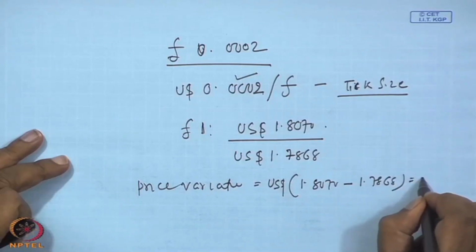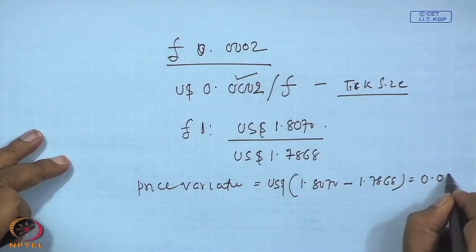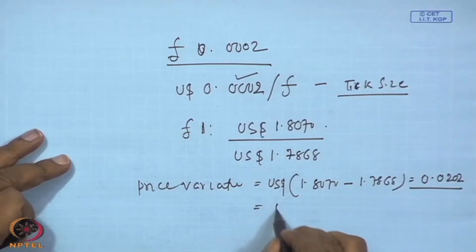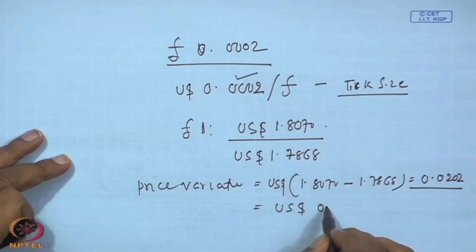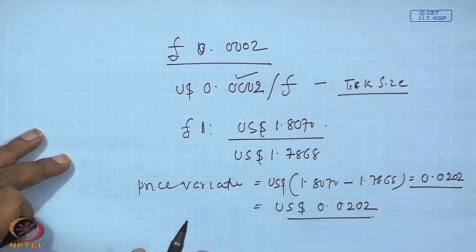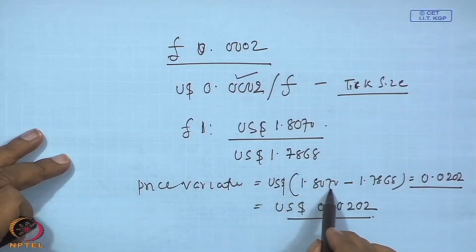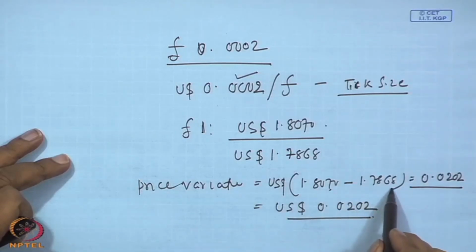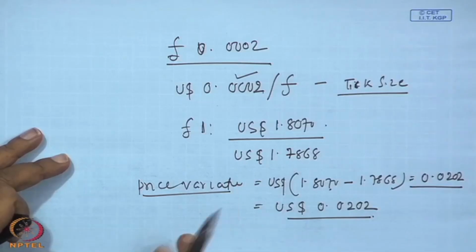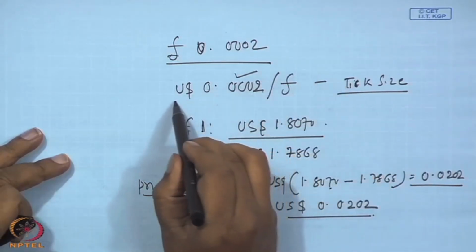The price changed from 1.8070 to 1.7868, so the price variation is US dollar 0.0202.